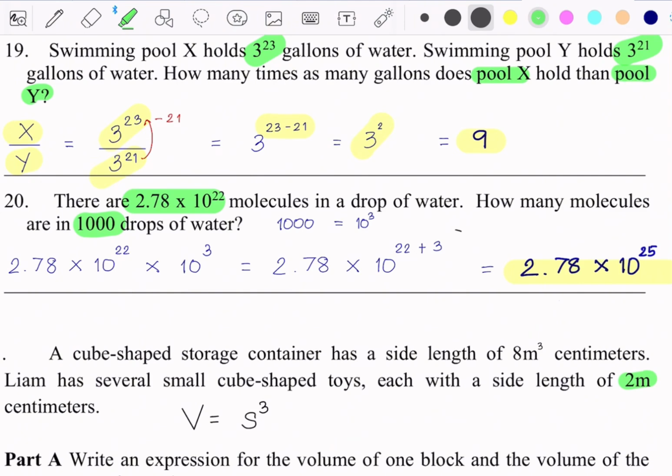So all you have to do is multiply these numbers. 2.78 times 10 to the power of 22 times 10 to the power of 3. Actually, you just have to focus on the exponent. Since they have the same base, 10, you just have to combine them. 22 plus 3 is just 25. So the final answer is 2.78 times 10 to the power of 25.